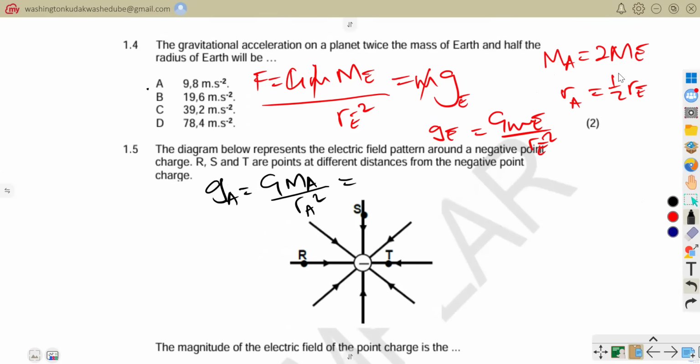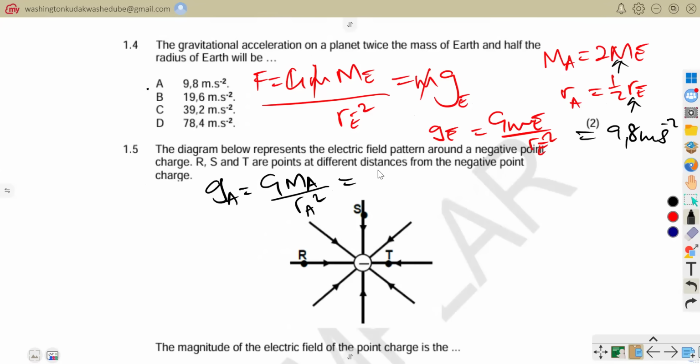Now if I substitute, because I already know this value, which is equal to 9.8 meters per square second, because here they want us to give it in terms of a certain value. So we can find the gravitational acceleration on planet A in terms of the gravitational acceleration on planet Earth.